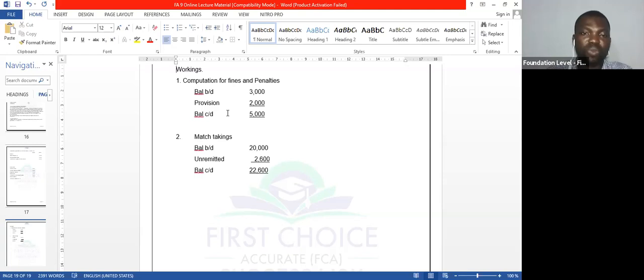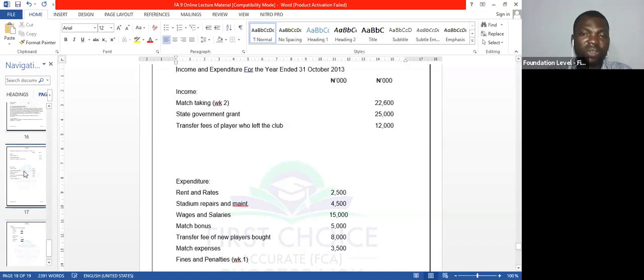But they need to make a provision for it. So the provision, based on their experience of the legal advice, they make a provision of 2 million. So which means 3,000 plus 2,000 gives us 5,000. So here will be 5,000.